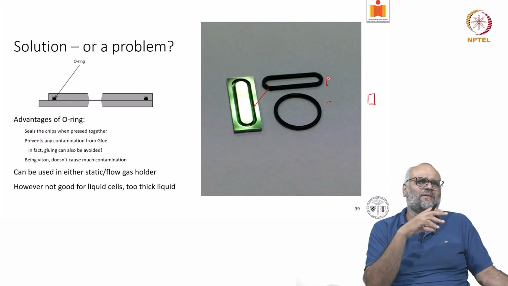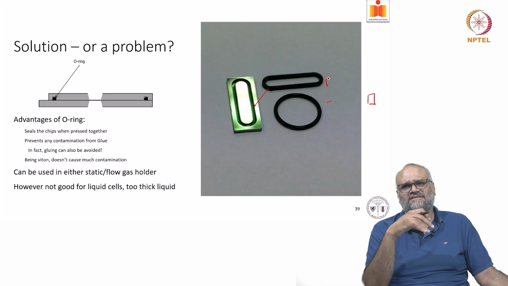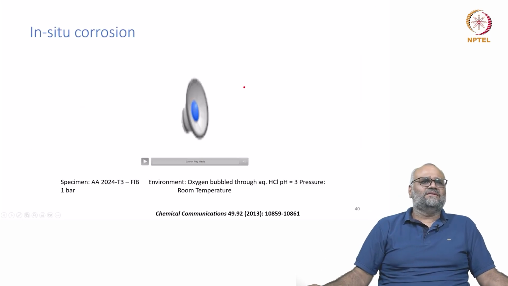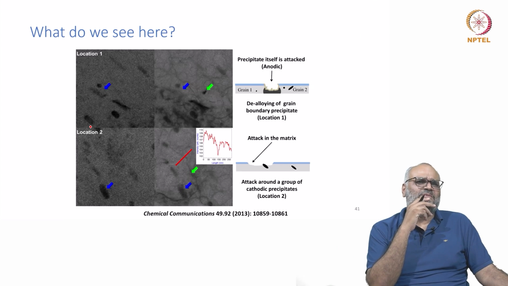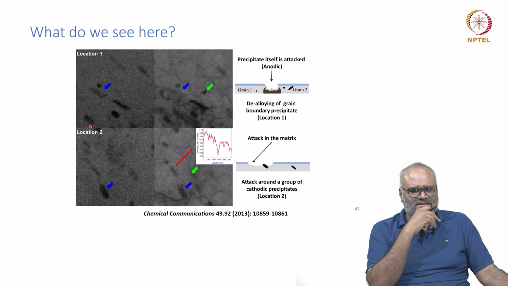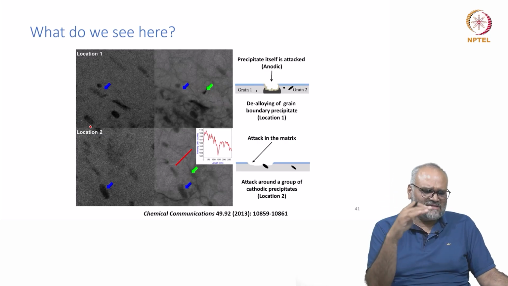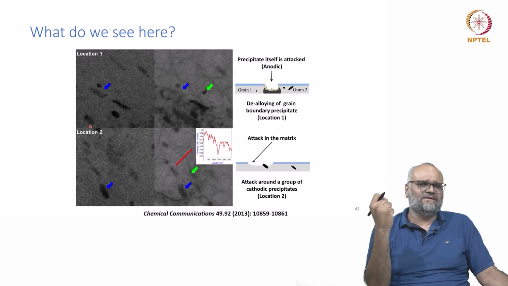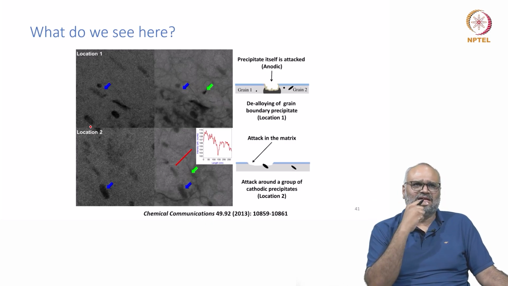So there are problems pertaining to contamination, gluing, assembly, rupture of membranes, and so on with these kind of gas systems. And I'll show you an example here, an in situ corrosion experiment where oxygen was bubbled through HCl and passed over a surface of aluminum 2024, which was heat treated in T3 condition.